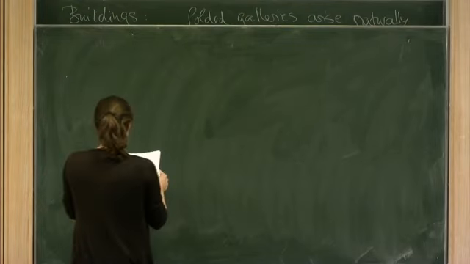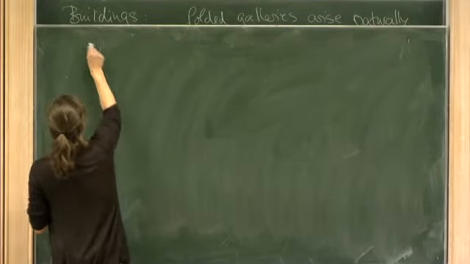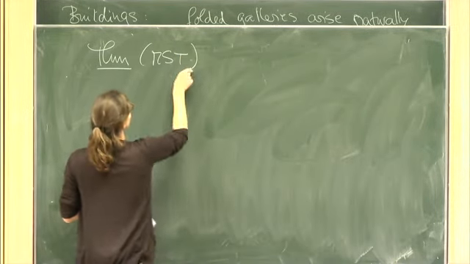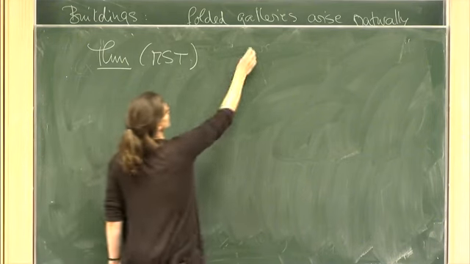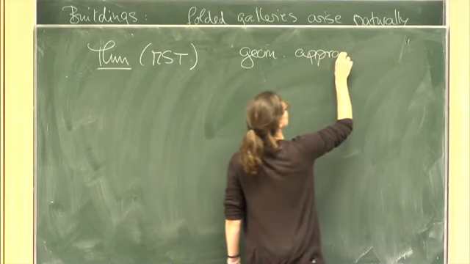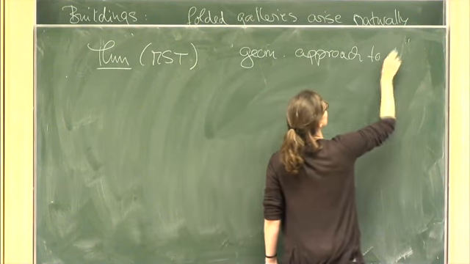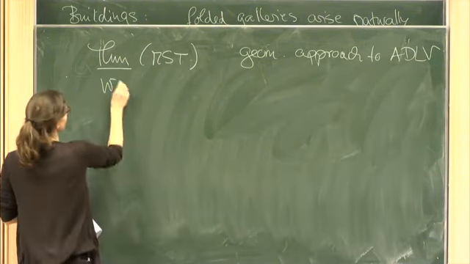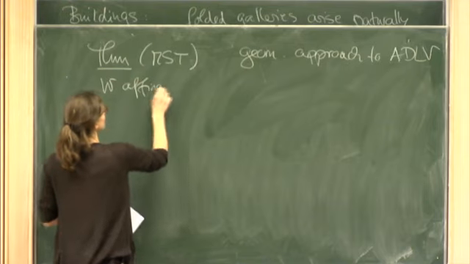And what one is able to prove is the following. That's, say, the geometric approach to the affine Deligne Lusztig varieties. Again, W is an affine Coxeter group.